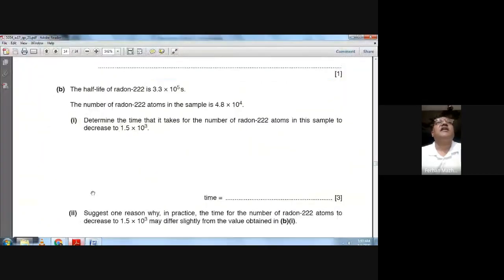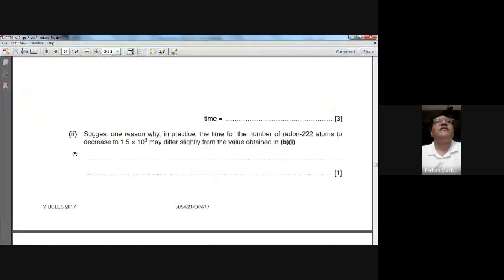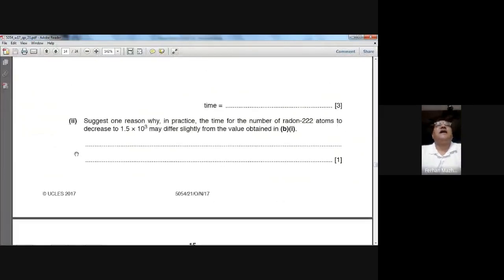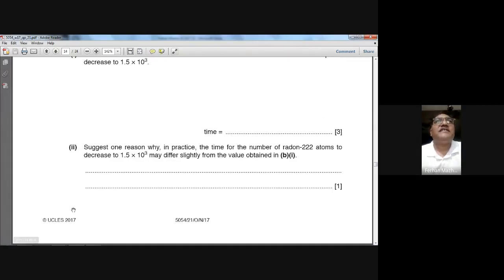The last part is, suggest one reason why in practice the time for the number of radon 222 atoms to decrease to 1.5 × 10^3 may differ slightly from the value obtained in the first part. So the time in practice will be slightly different from the time you just calculated.